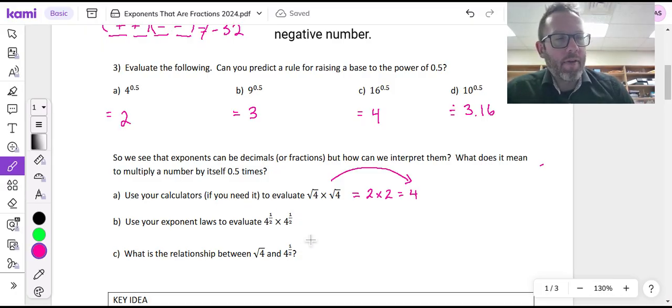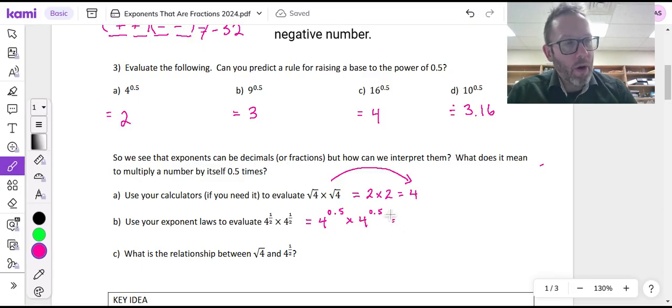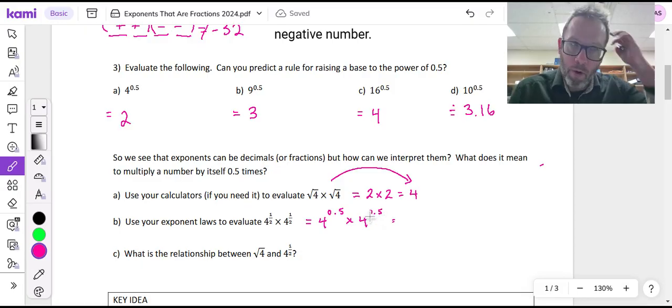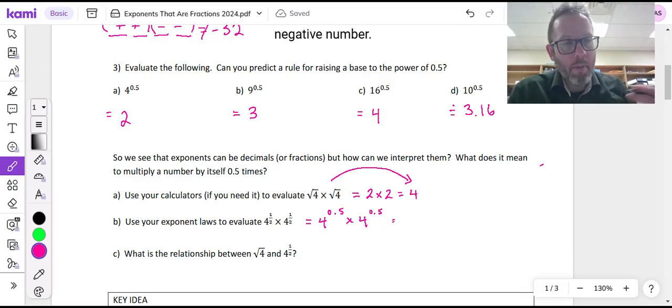But if we also look at this a different way, in part B, 4 to the power of a half times 4 to the power of a half. Or if you'd like, 4 to the power of 0.5 times 4 to the power of 0.5, like we had above. We have reviewed our basic exponent rules from grade 9. When we are multiplying 2 powers together, we add the exponents.